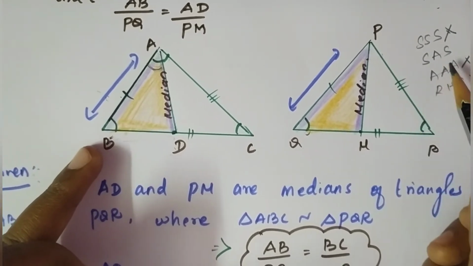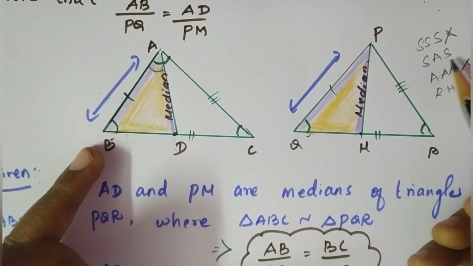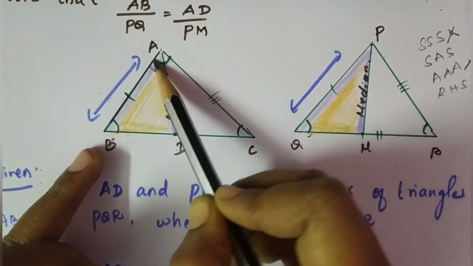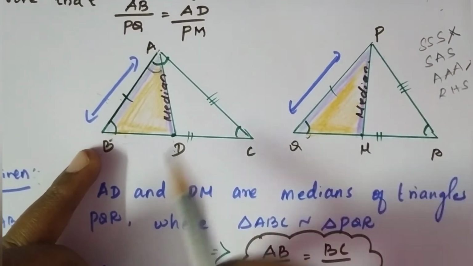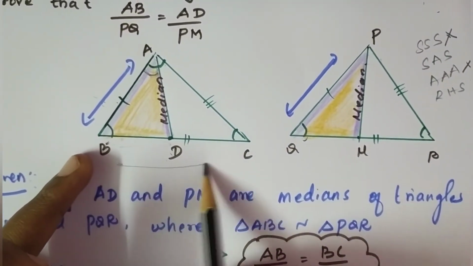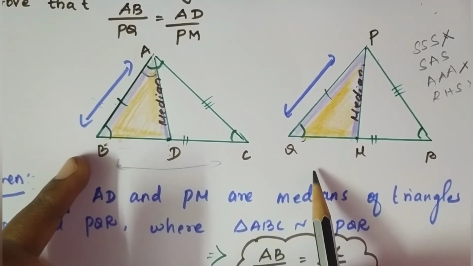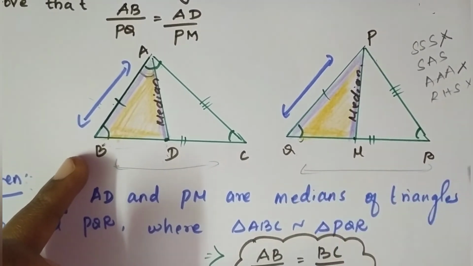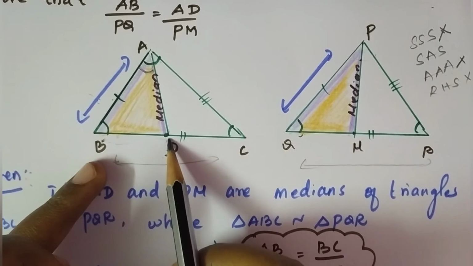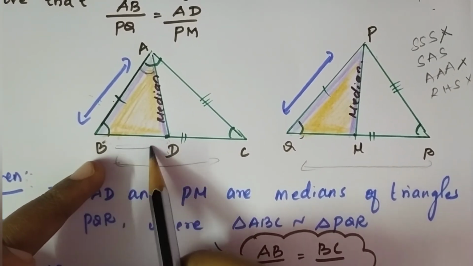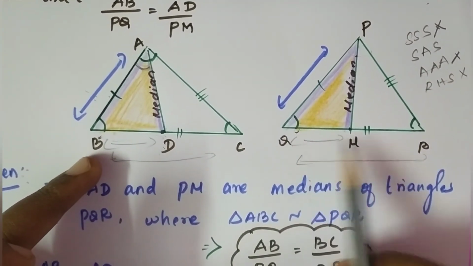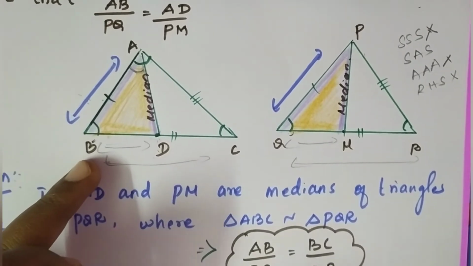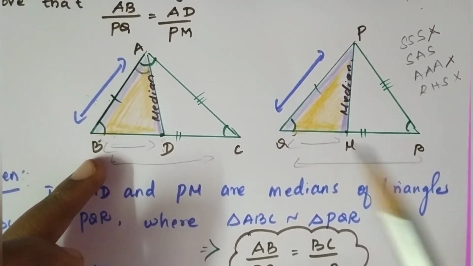One more remaining is SAS. This side is already in proportion, and we know that BC is proportional to QR. Since D is a median, we can tell that BD and QM are also proportional.